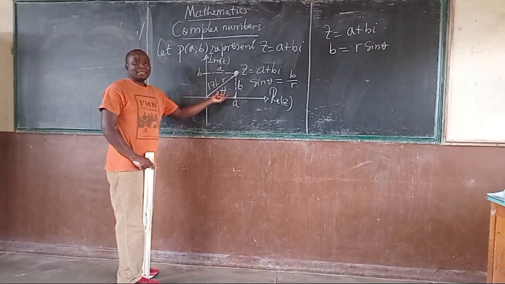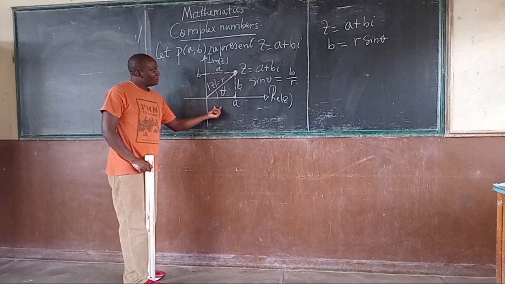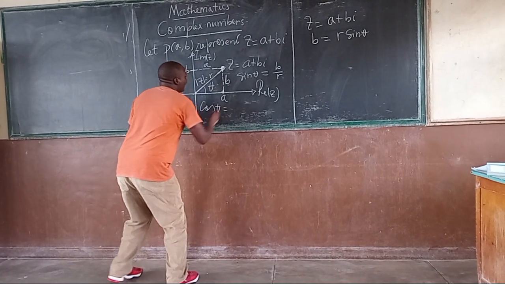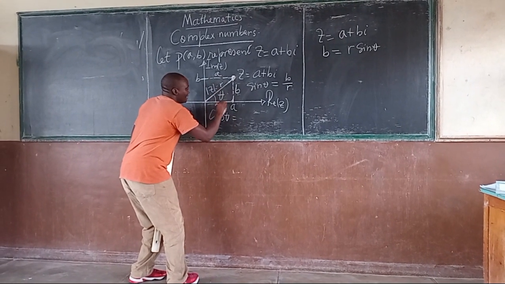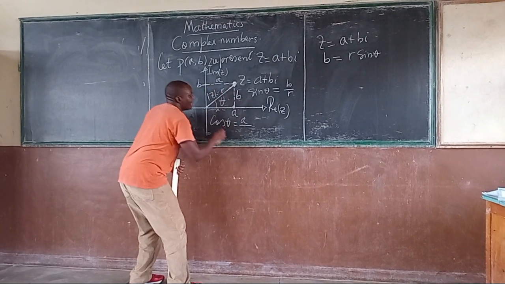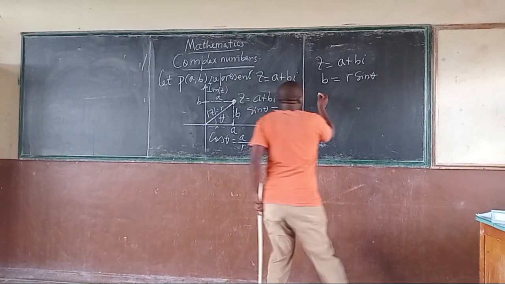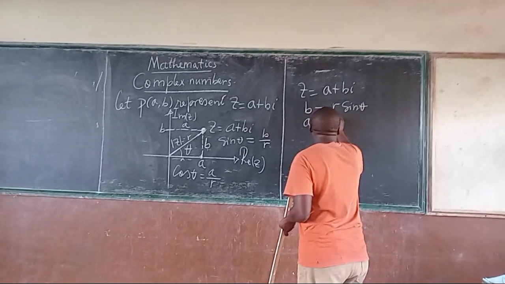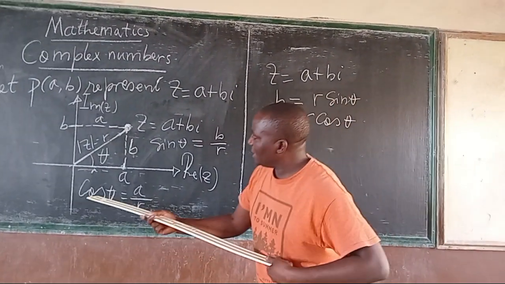From trigonometric concept, we know that cosine of an angle theta is the adjacent side, here A, out of hypotenuse. Hypotenuse is like a radius. As you see, the part A of the complex number is the same as a radius times the cosine of an angle theta.